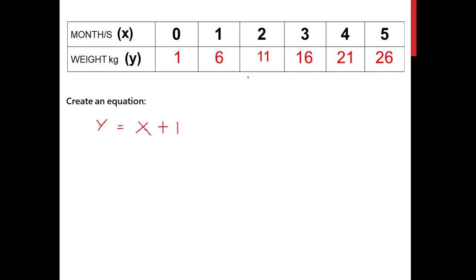So let's subtract 26 by 21. 26 minus 21, we have 5. 21 minus 16, that is 5. 16 minus 11, that is 5. 11 minus 6, that is 5. 6 minus 1, that is 5. Now, based on this result, our table of values is a linear function.